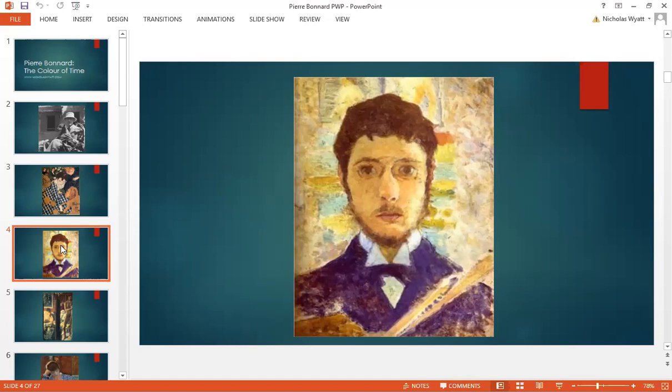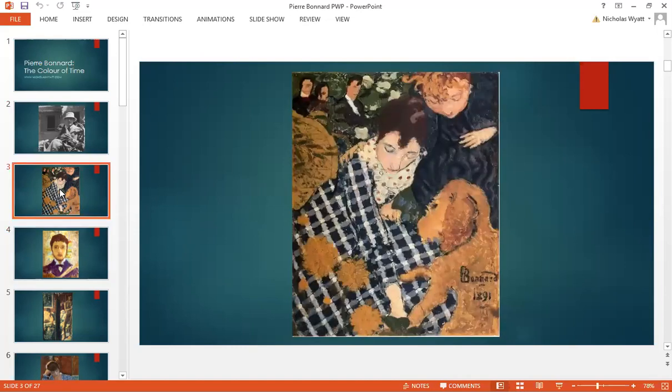So the young Bonnard as a painter, and I'll go through his early life fairly quickly, basically was quite influenced by Japanese prints, which were very widely available in Paris at that time.